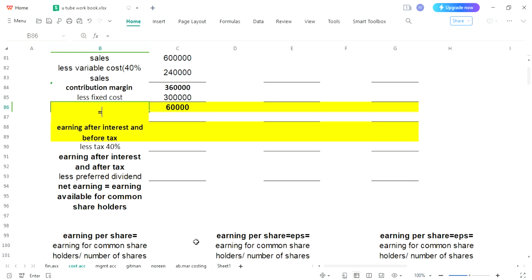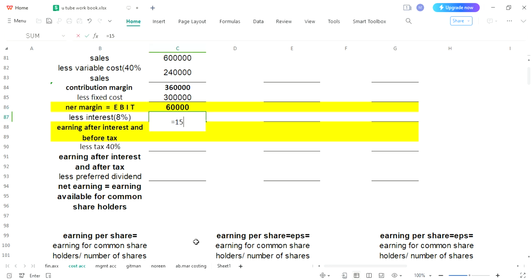So here 150,000, you will calculate your interest upon debt 150,000 and you need to put 8%. Please note down how we calculate interest. We need the amount of debt because interest is associated with the amount of debt. Frequently other income was taken, but actually the amount of interest is calculated upon the loan. Loan we have decided 150,000, 8% we are calculating, so the amount of interest is 12,000.